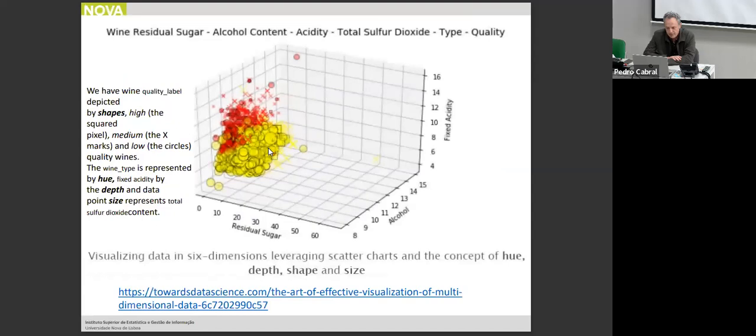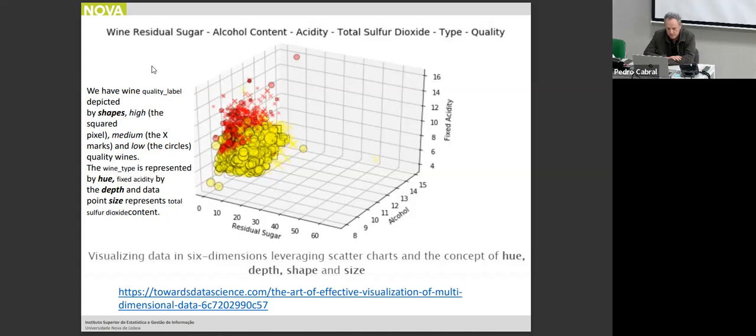Okay, we can complicate our scatter plots, adding more and more dimensions, okay? Which is possible. For instance, this represents wines, okay? Each data point or each item represents a specific wine, which is characterized according to the attributes that are defined here, okay?